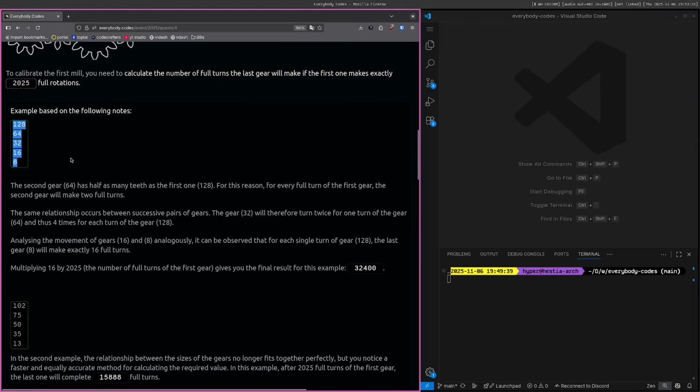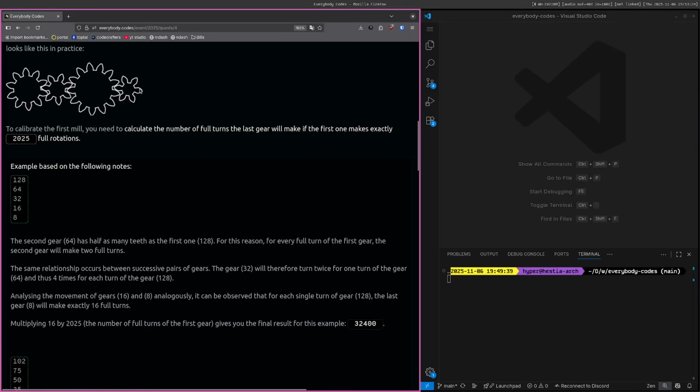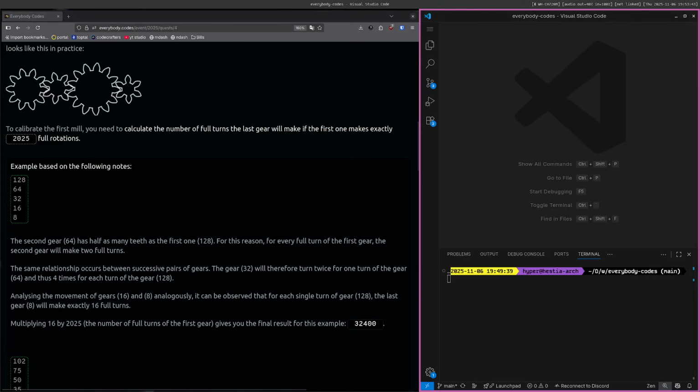Now, one thing to note here that makes this problem a lot easier to solve is that the middle numbers are completely irrelevant. When you chain gears together, the overall turn ratio just depends on the ratio between the first gear and the last gear. The reason this makes sense is because the ratio of 128 to 64 times the ratio of 64 to 32 is the same thing as the ratio of 128 to 32, because you can just cancel out the 64 on both sides.